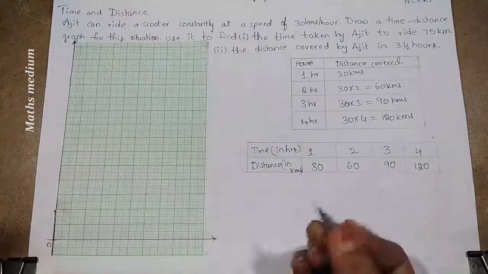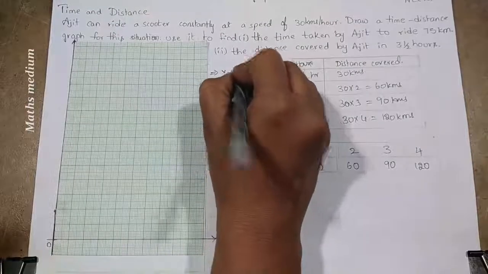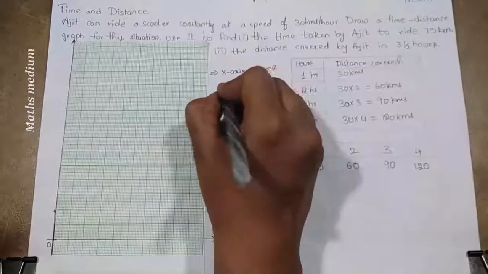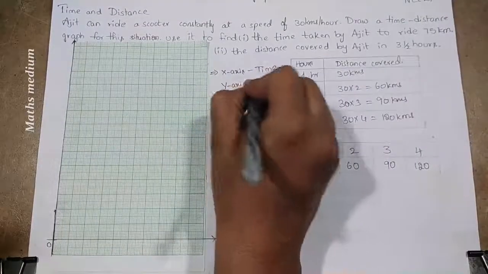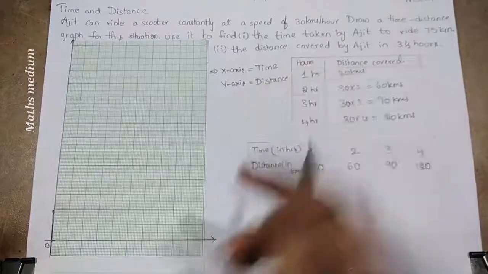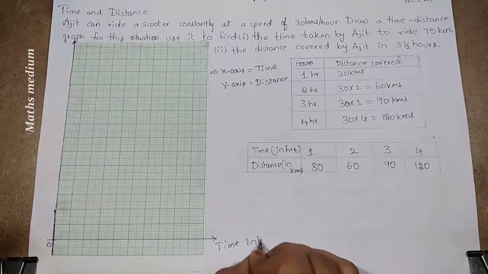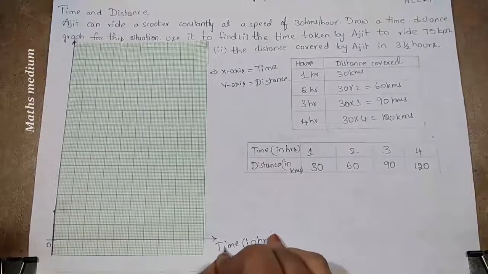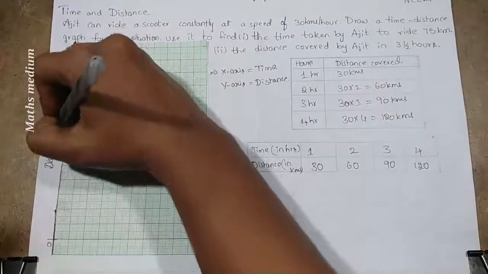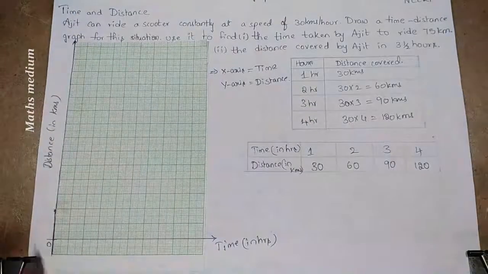Now this is horizontal and this is vertical. So on the x-axis we are taking time, and on the y-axis we are going to take distance. So x-axis is time in hours, and this is distance in kilometers, right? So let's take the units representation.